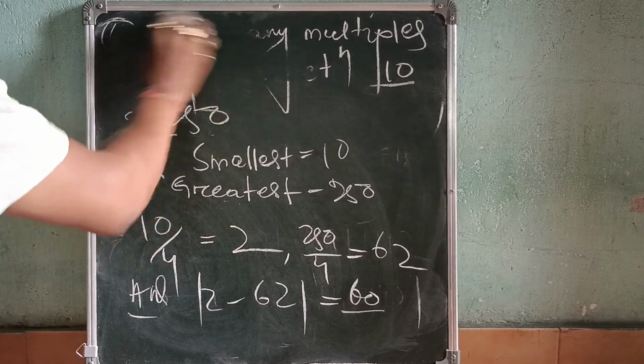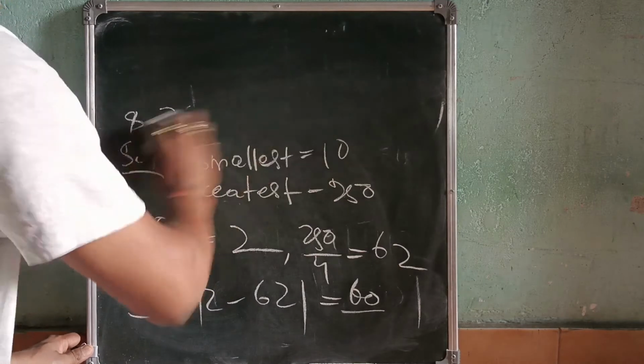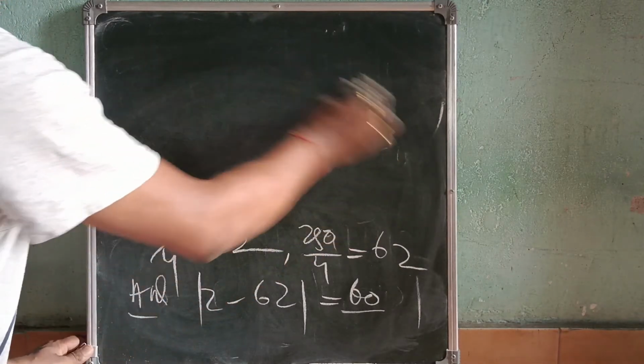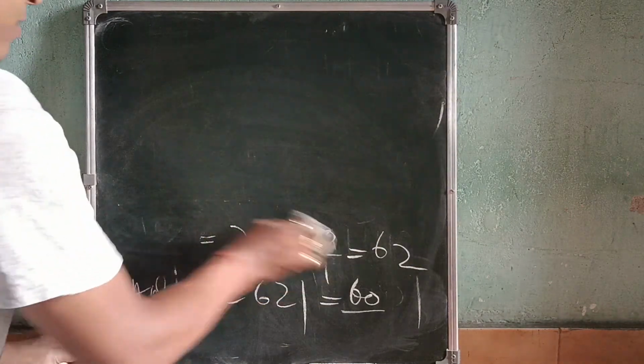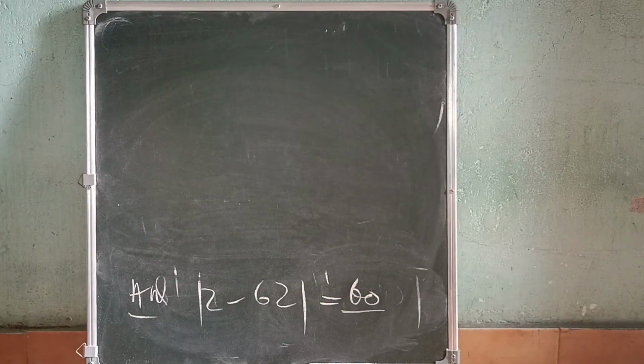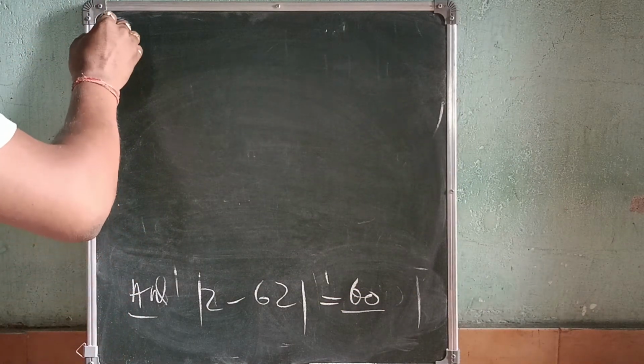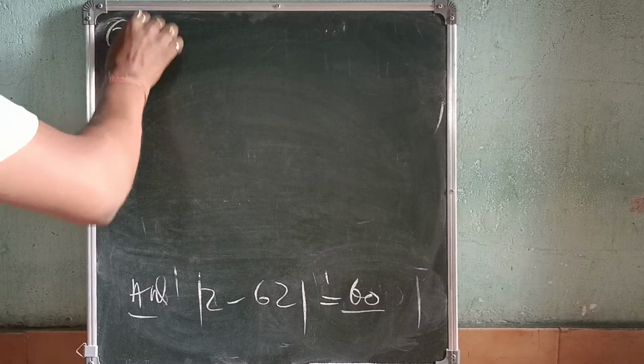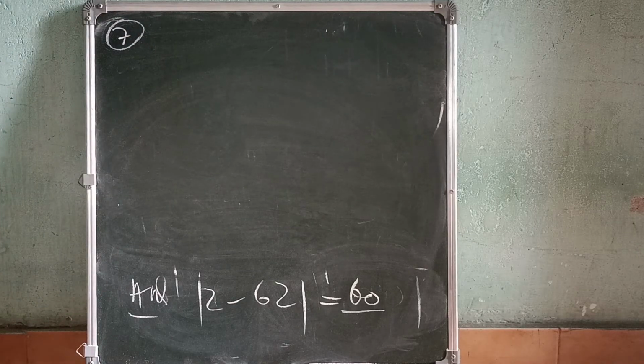Then come to question number 7. Another trick we have to apply, very interesting. How do you find An when Sn is given?